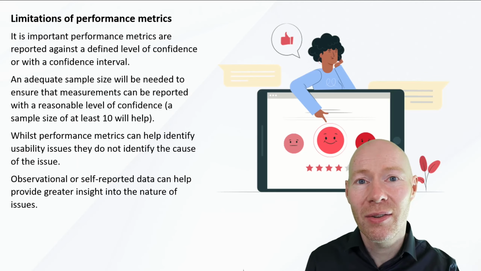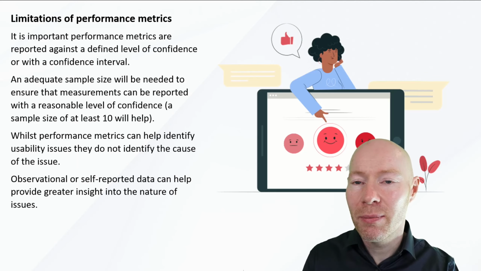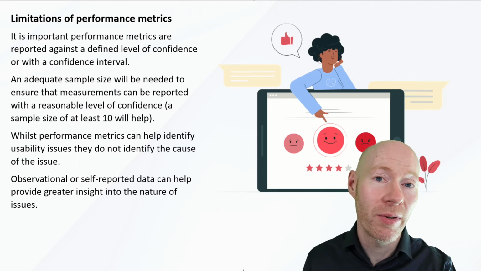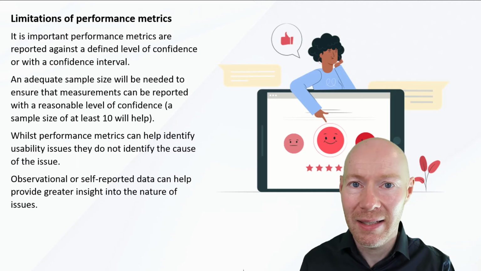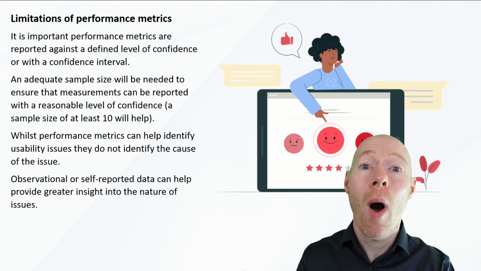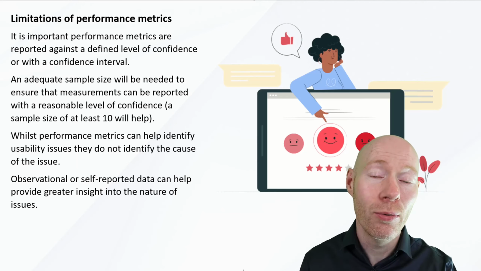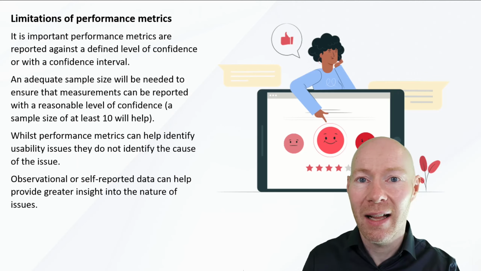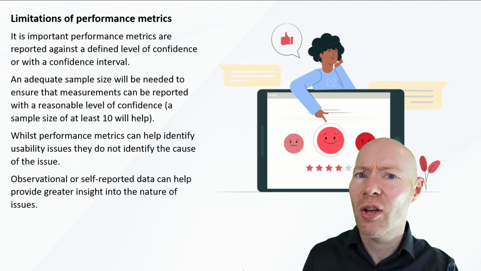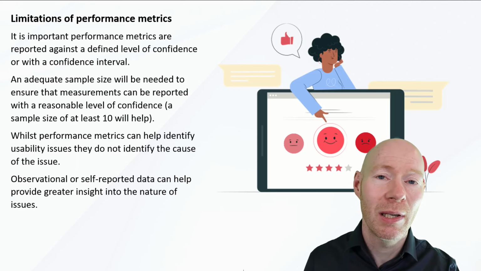One of the key things to understand here is that whilst we will measure aspects around performance and we may identify areas where performance is not as good as we would like it to be, this does not mean that we've identified the reason why performance is low. And quite often then we have to delve into that in more detail to understand, well, what were the reasons that caused performance to be low?